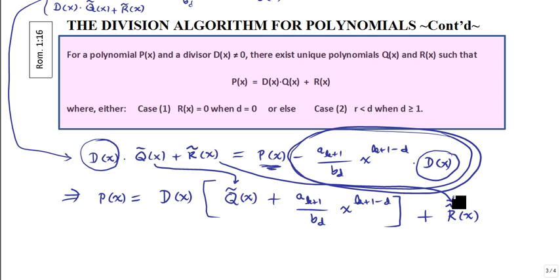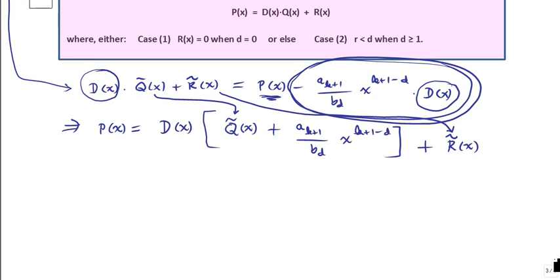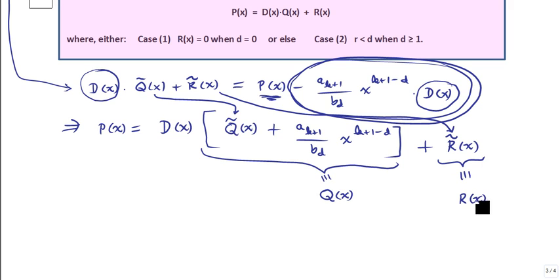Well, now I think you're beginning to see what we're doing here. Since I'm trying to talk about existence of a q and an r, I can call this entire bracketed term the q that I'm interested in, and I can call this the r that I'm interested in.